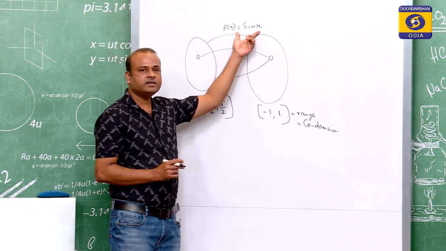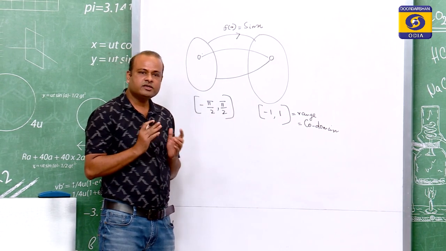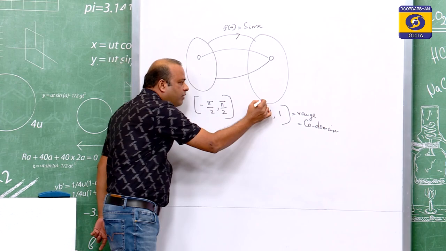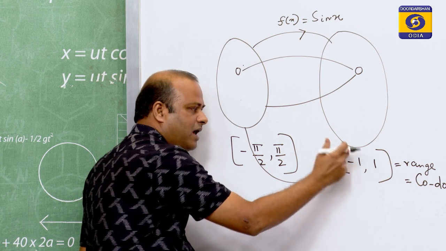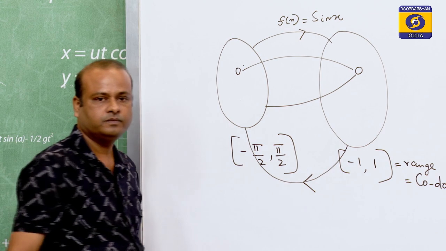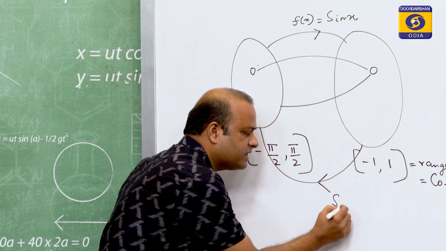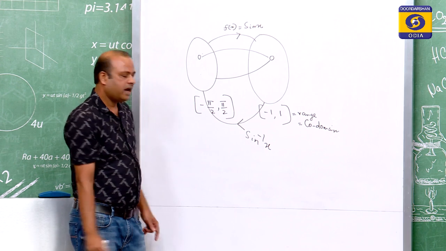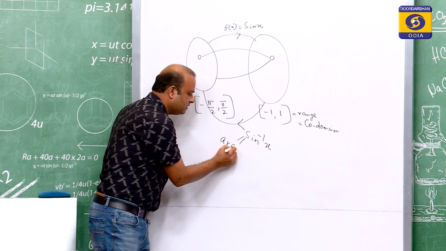The function f(x) is both one-one as well as onto. Hence, the inverse exists. So, if the inverse exists, the inverse is now from the closed interval minus 1 to 1 to minus pi by 2 to pi by 2. Now, the inverse of the function sin x is called sin inverse x, and we may call it arc sin x.